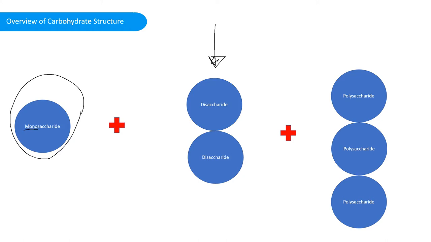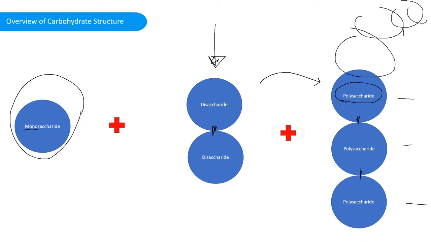Put two monosaccharides together, and you join them, and you get a disaccharide. Add one more to the equation, so you've got 1, 2, 3 monosaccharides joined together, you have a polysaccharide. And that's the general overview of a carbohydrate structure. Now these can be hundreds and thousands long, but it's still a polysaccharide.